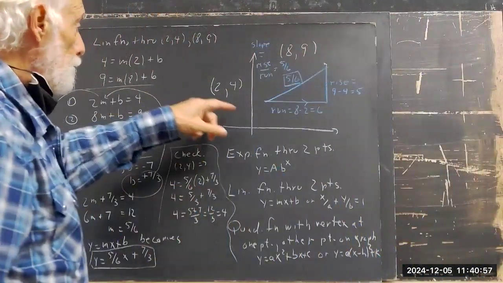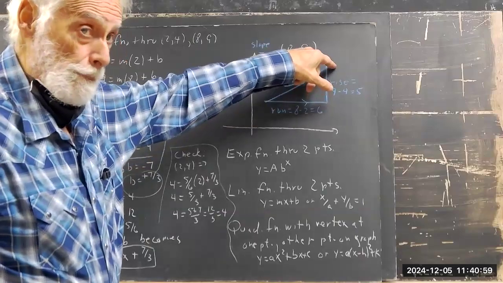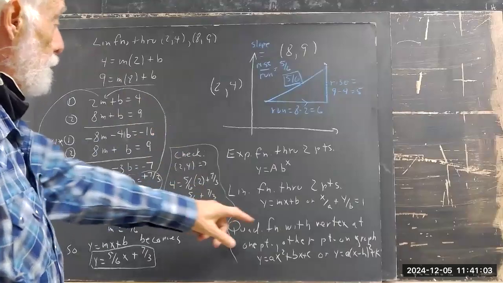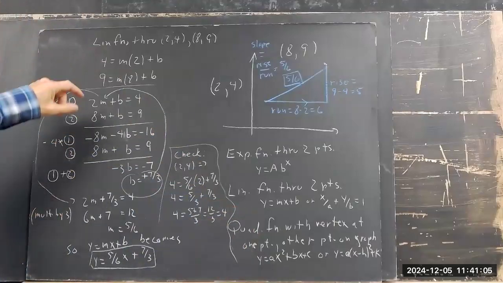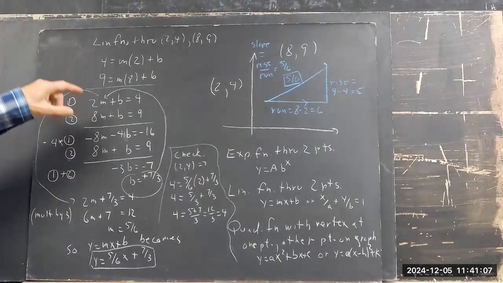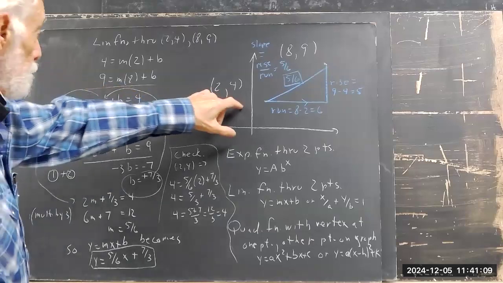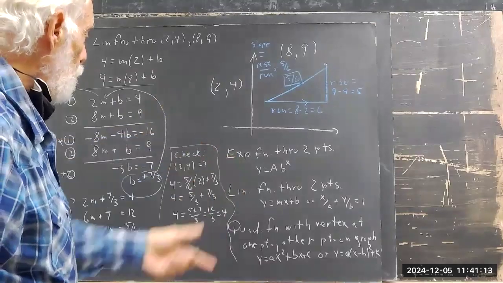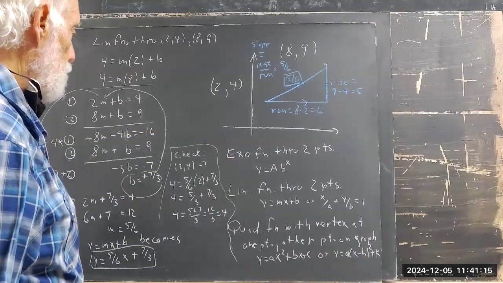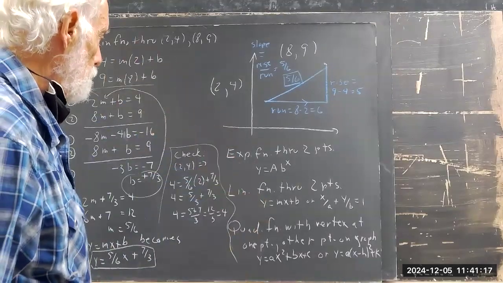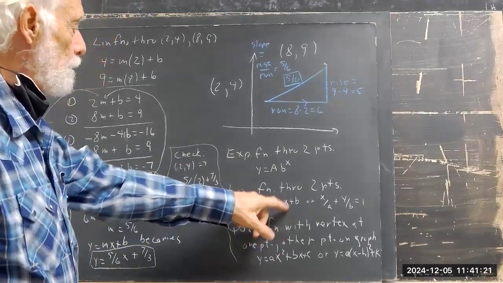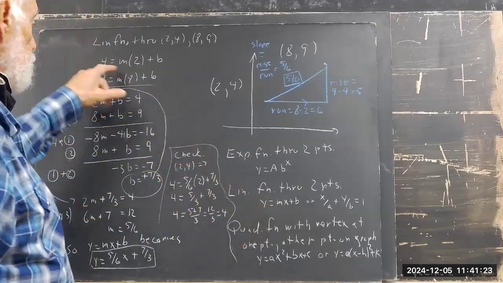Now we started with 2 points, 2, 4, and 8, 9. We used the form y equals mx plus b to get two simultaneous linear equations. We substituted 2 for x, 4 for y, and we got this equation.